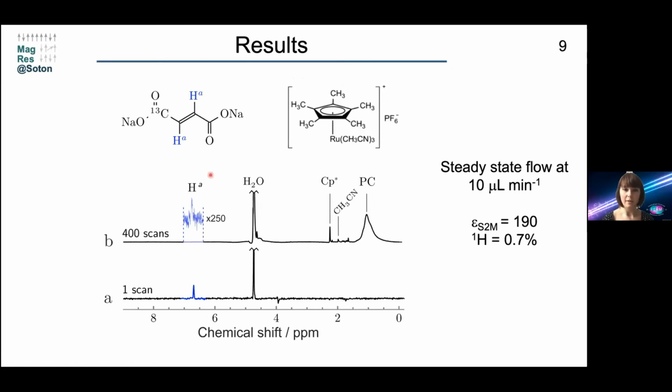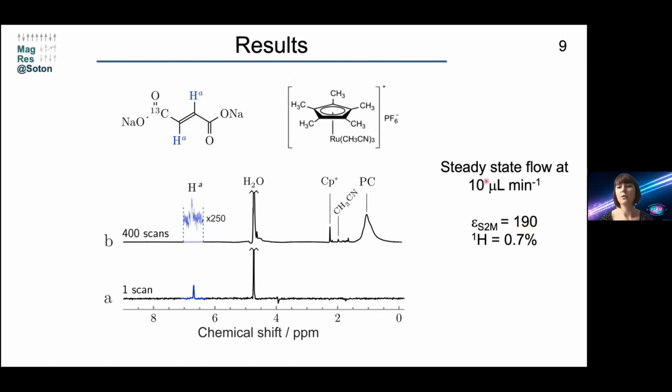So here are our results. The fumarate peaks are shown in blue. If we compare an integral of a single scan hyperpolarized spectrum with 400 scans of a reaction performed with thermal hydrogen, we get an enhancement factor of 190.